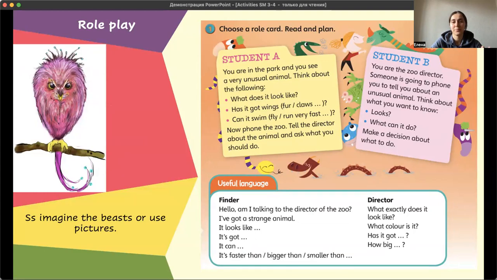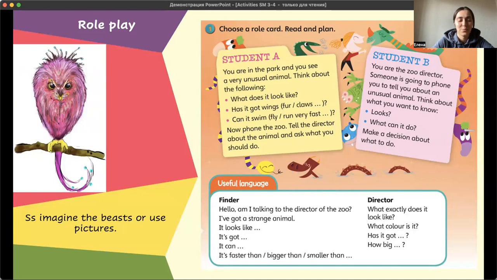Here you can give them some pictures, or students imagine their own creatures. I usually show them pictures from my program for summer camp when I was in charge of Harry Potter summer camp. I downloaded a lot of very crazy pictures, and now I use them at my lessons.